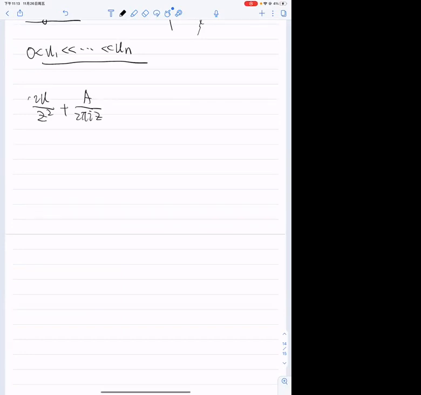You can consider its spectral curve, or otherwise consider this linear ODE. Inside this limit, for example, if U_N is much larger than the other U_i, this basically degenerates into two systems, because U_N is much bigger, so you can prove in a regular sense this system decouples into two systems.